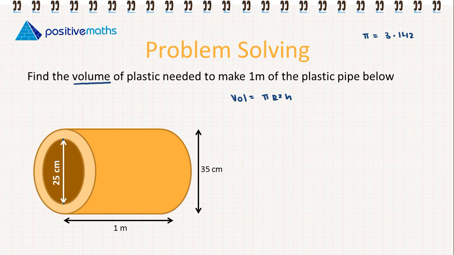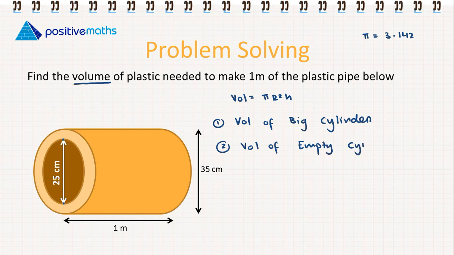So we're going to think about this as a combined shape. We have one large cylinder on the outside. We have one small empty cylinder on the inside. So in order to find the volume of the pipe, we need to find the volume of the big cylinder and we need to find the volume of the empty or the smaller cylinder.